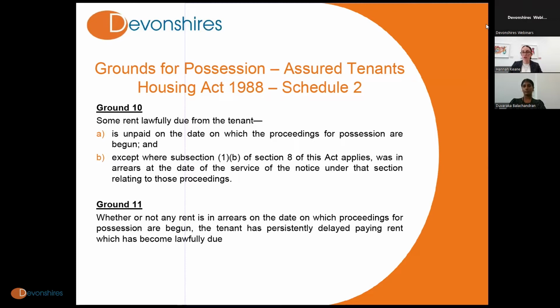So if you have a tenant who is just persistently delayed in paying rent, they pay it a week late, a few days late, constantly, but ultimately is up to date with the rent as at the date of proceedings, you can still rely upon ground 11. So like you can see, grounds 10 and 11 tend to sit neatly with ground 8 so that they can still be relied upon if those 2 months or 8 weeks rent are cleared before the date of the hearing.